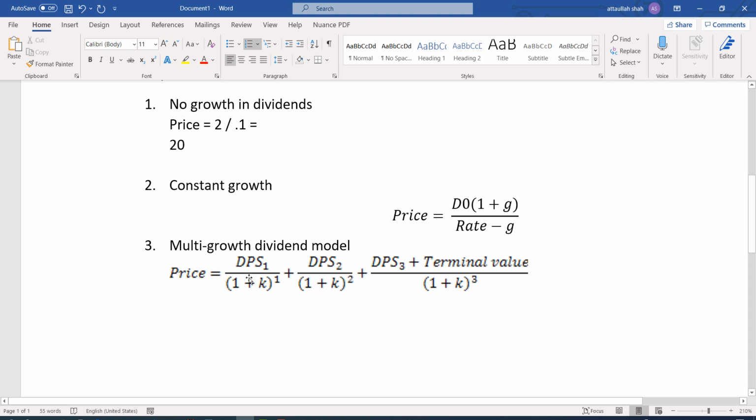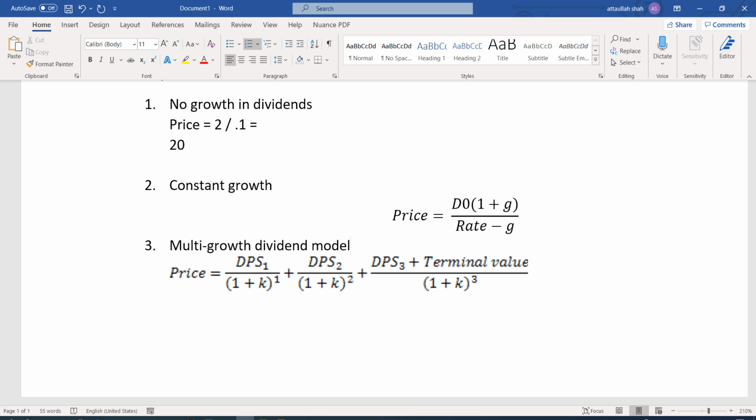So in year 1 we have dividends and we discount it separately. In year 2 we have a different dividend, we discount it separately. And from year 3 and onwards, it has shifted to a constant growth model. So the third year dividend plus terminal value. Terminal value means that all future dividends will have this value.